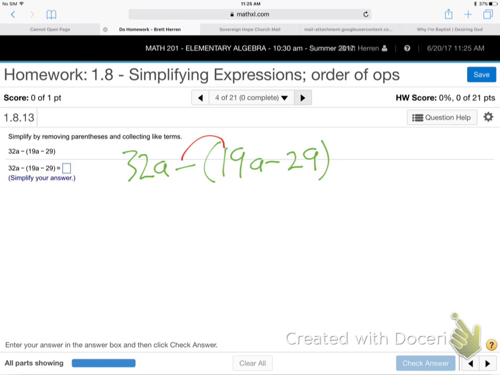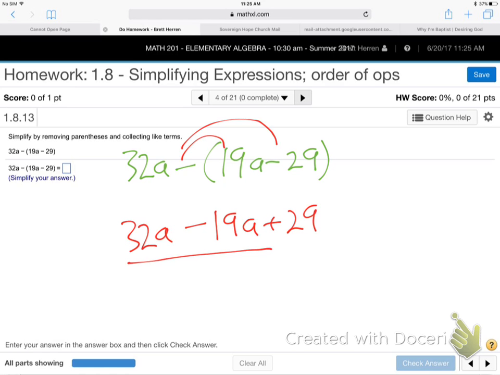So that minus sign is going to go boom and boom. So it'll be minus 19a plus 29. Good so far.